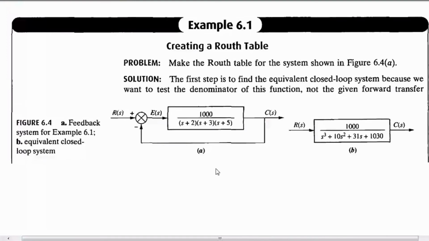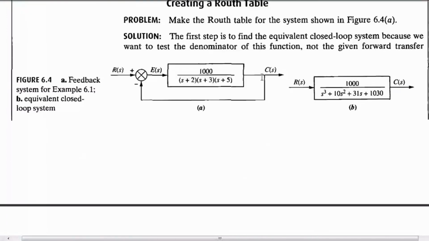So this is the 6.4 figure, and what we will do is we will create a Routh table with this transfer function, right? First of all, we have to solve this and find a transfer function. Because this is a feedback system, we have to solve this feedback first, right?